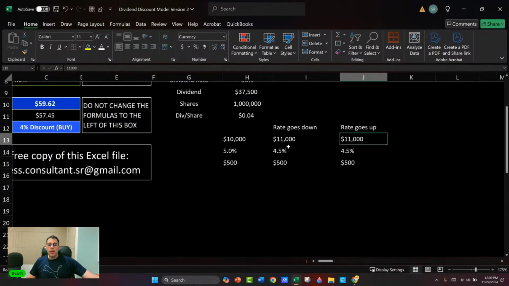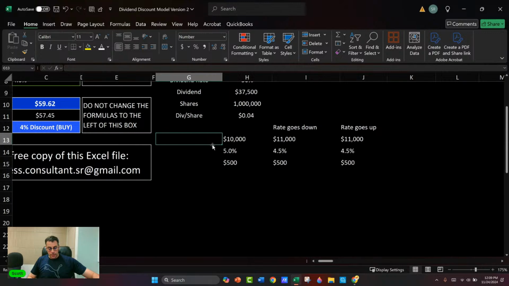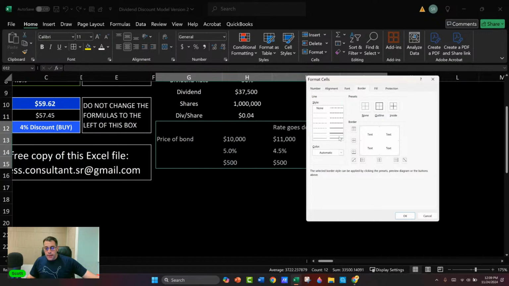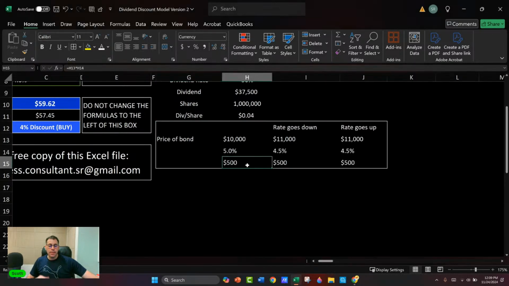So when rates go down, bond prices go up. I'll do a free Excel for bond prices, because if you understand how bonds work, then stocks, especially dividend paying stocks, make a lot of sense.